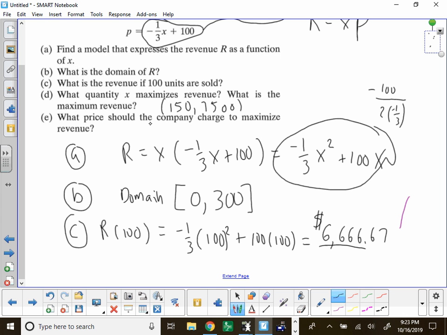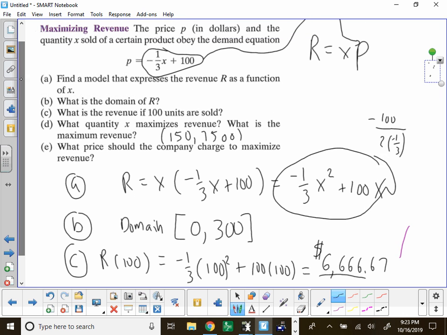Okay. And then what price? Well, we know the x and we know the revenue, right? Because the revenue is the function here. So if we want to know the price, we've got to solve this equation right here. So the revenue is 7,500, and then x is 150, and then p is what we're looking for.